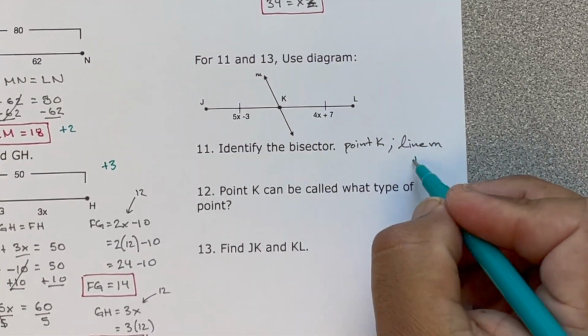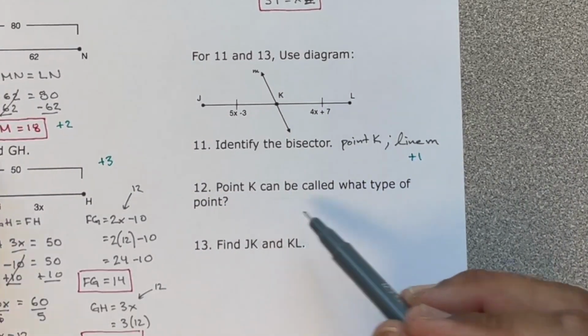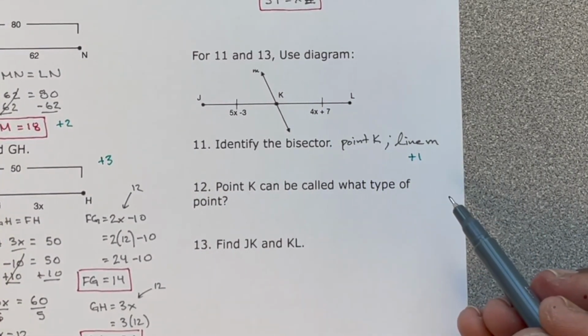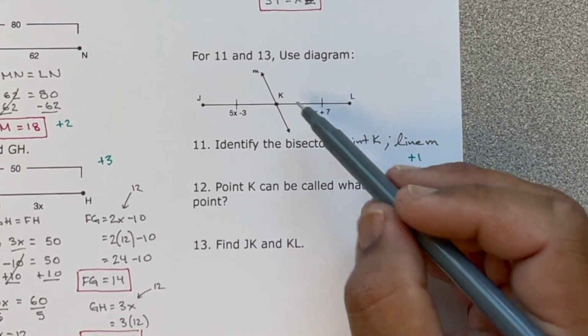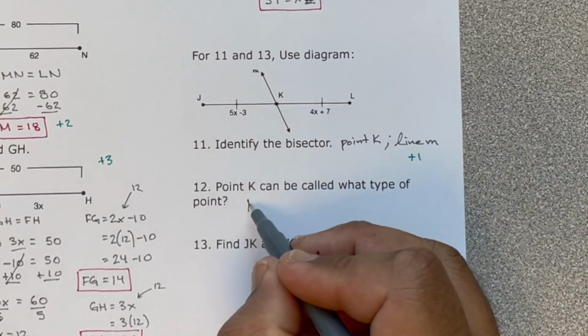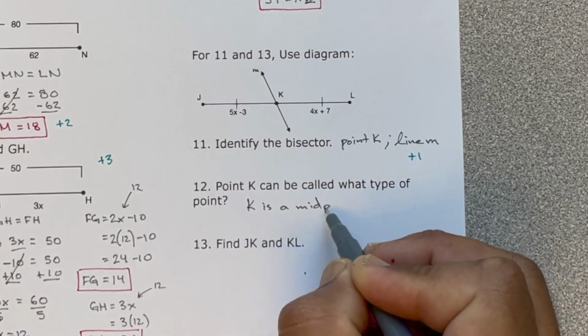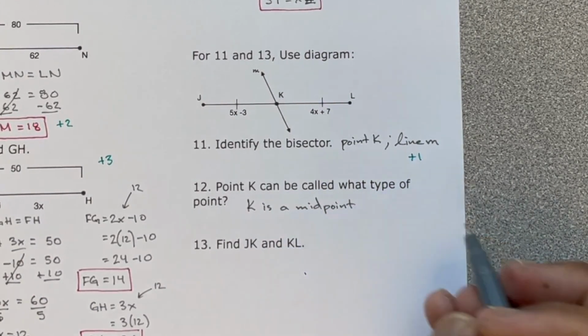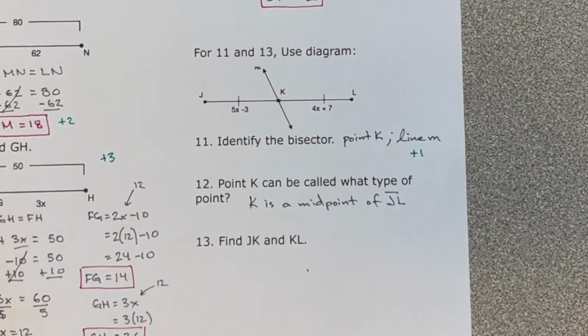Give myself a point. Point K in the middle is what type of point? Well, it's a point in the middle. We know it's a bisector. So K is a midpoint, or the midpoint of JL, that segment.